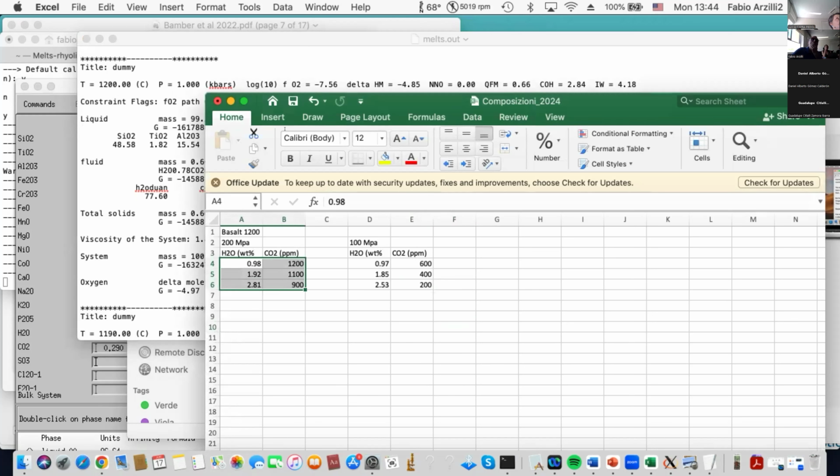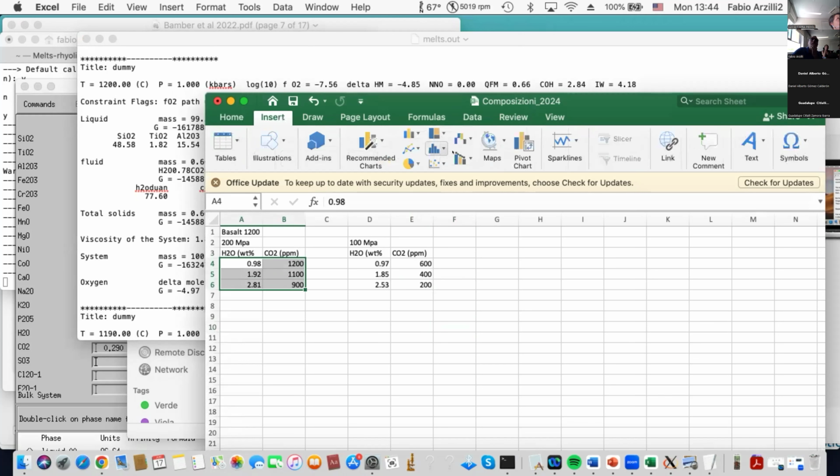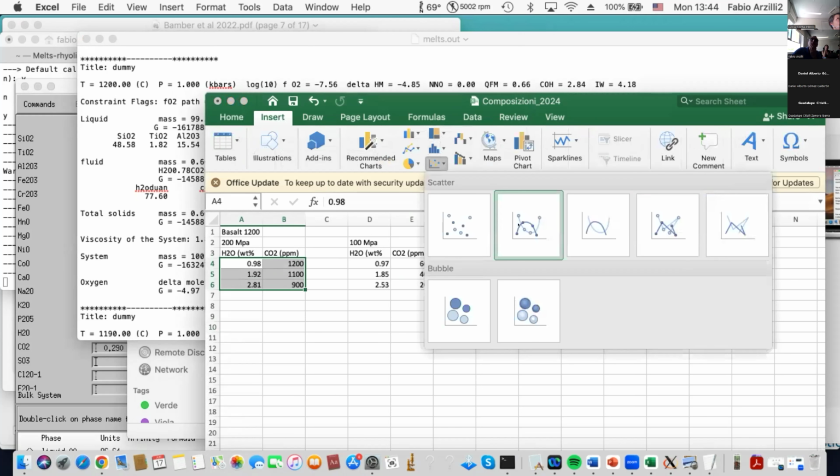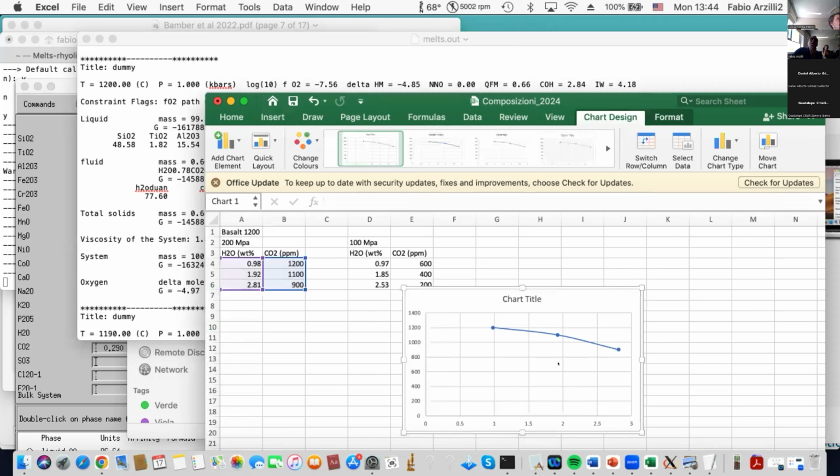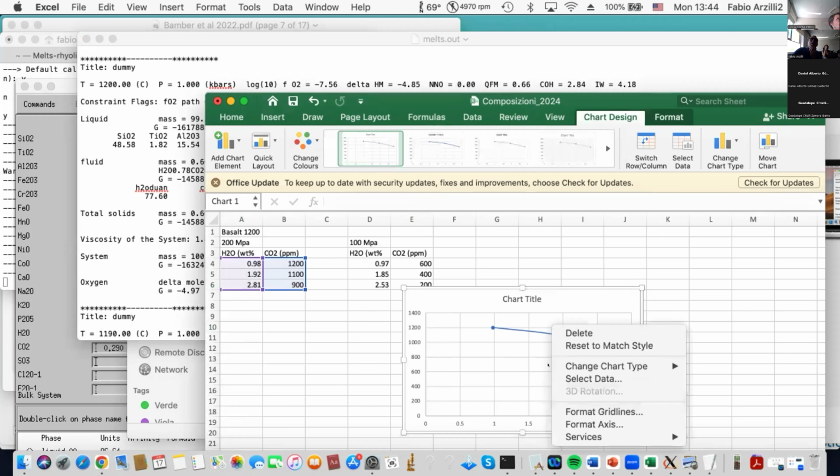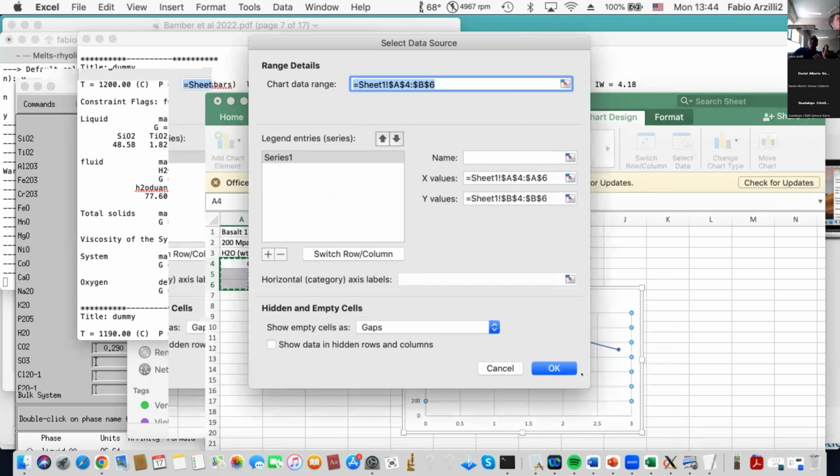Okay. Now what we can do is just to plot them in the diagram, like this curve diagram. What we can do is to add that data. I can have the series.